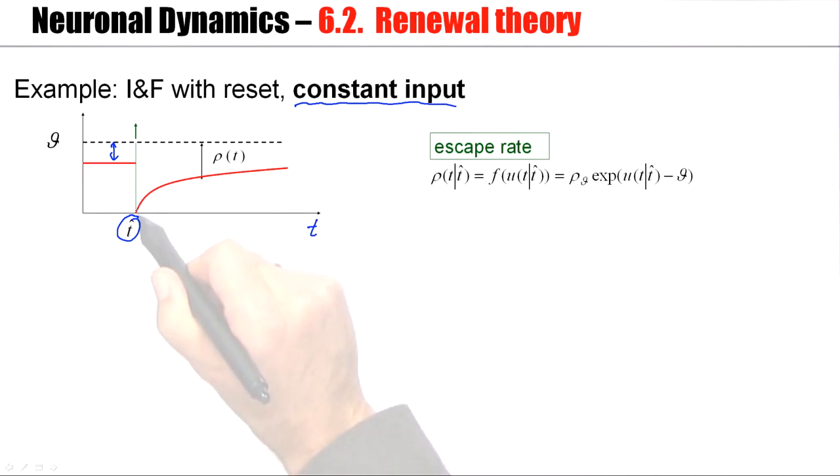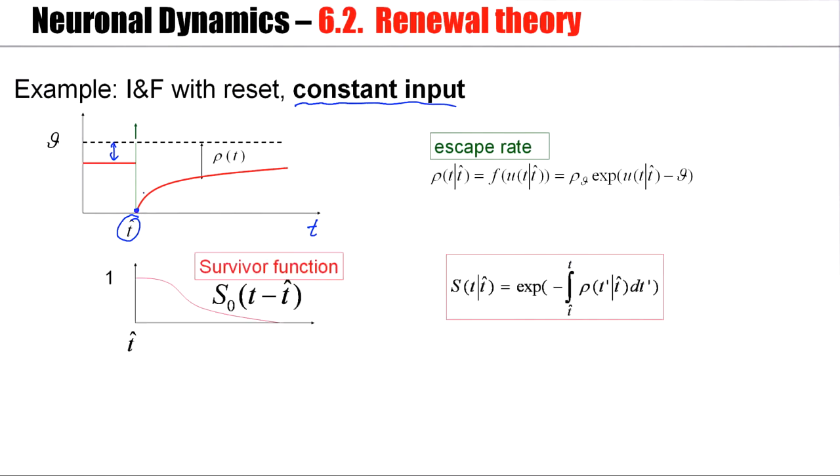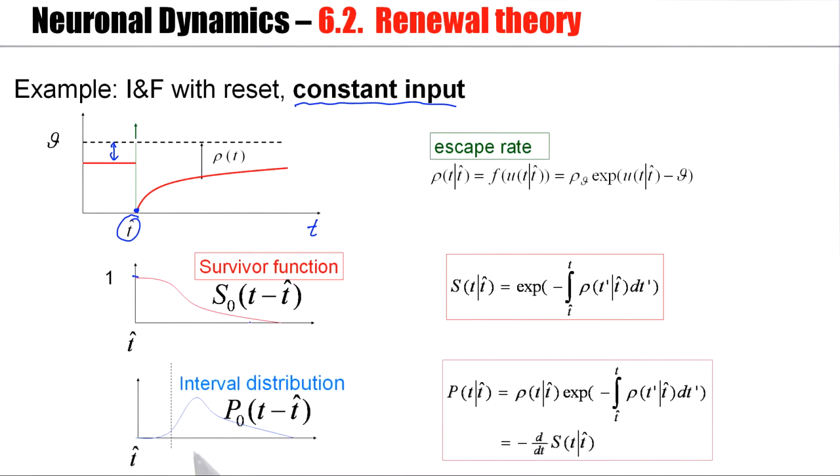Now, after the last firing time, the membrane potential was reset. The survivor function starts at a value of 1, and then it goes down again. The interval distribution is biggest in the region here where the survivor function goes down rapidly.